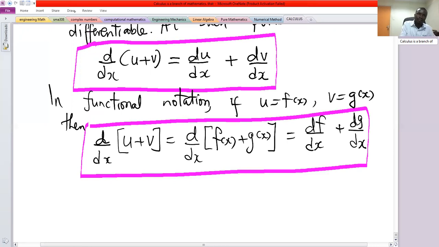Now the second part, the difference rule.